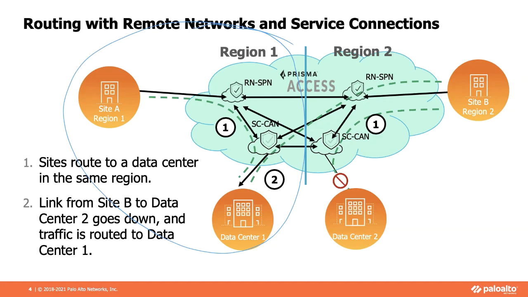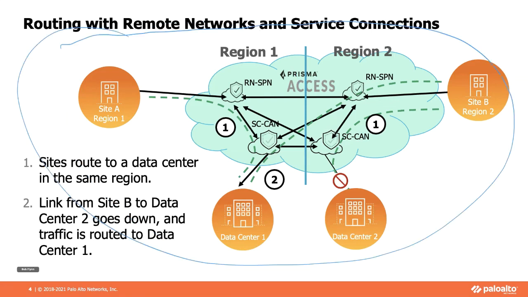If you have our global license, which includes multiple regions, whether it be 2, 3, 4, up to the 8 that we support, you're going to have 5 of these service connection corporate access nodes, these CANs, available to you. So you have the ability to even cross between regions to a backup if needed.